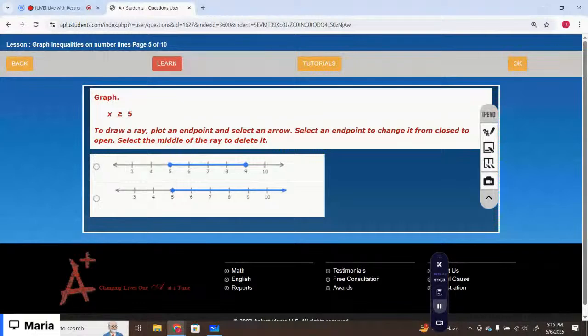X is greater than or equal to 5. So which is the correct option?